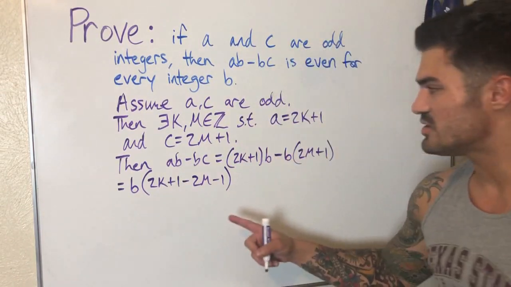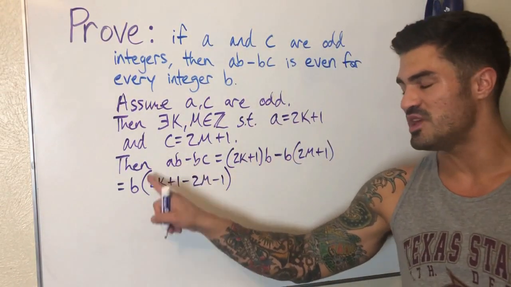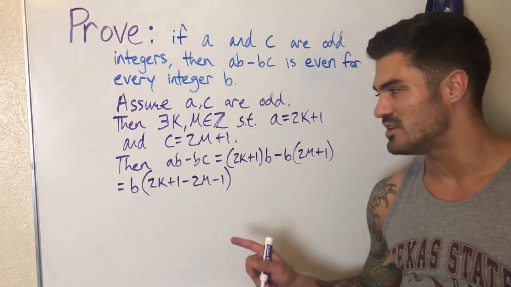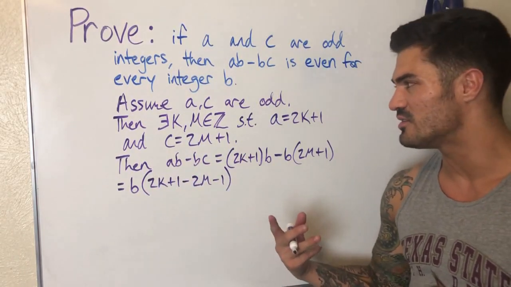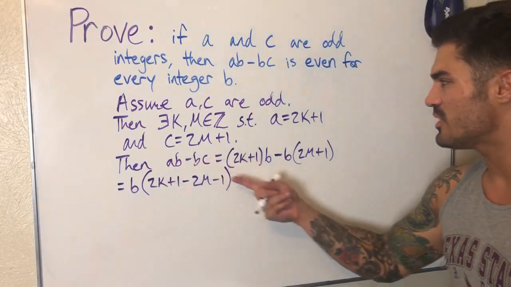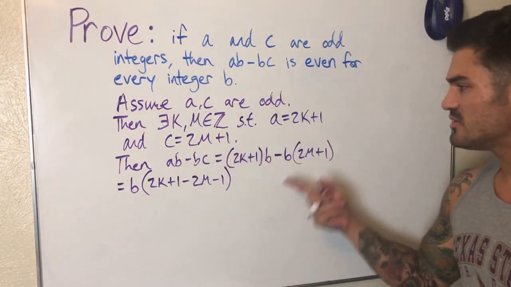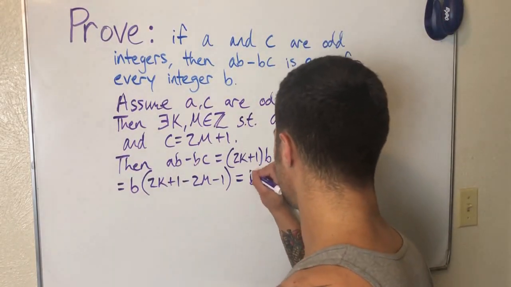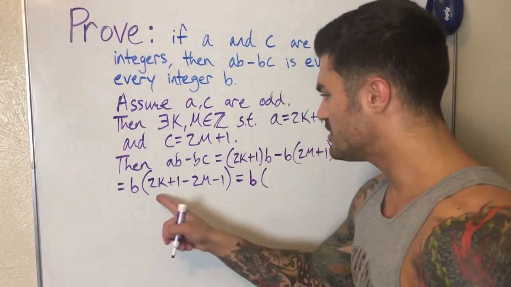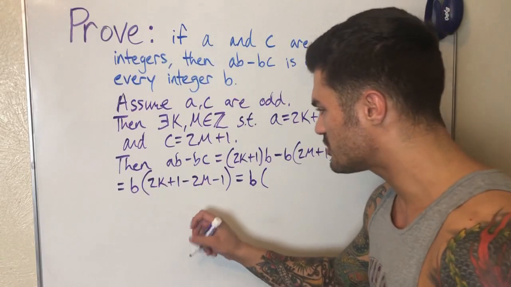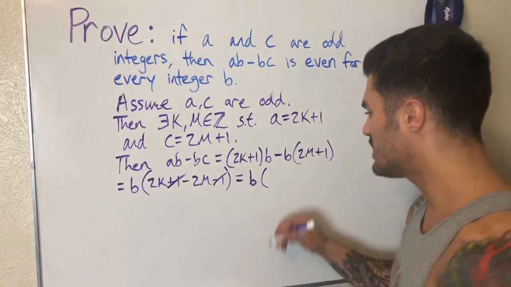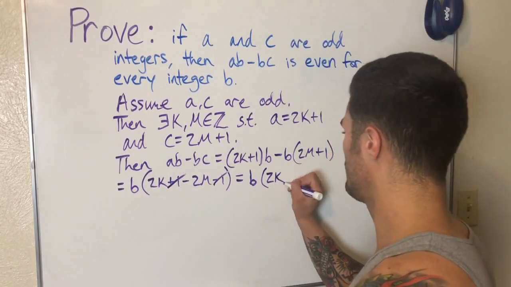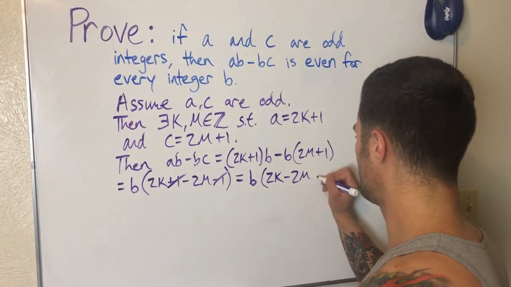And another way to see this is you can factor the b out straight from here. You have b times a minus c. That might even be easier to see, right? b times a minus c. This is a, this is c. You subtract, that's exactly what you get. So this equals b times, definitely the 2k minus 2m. The ones cancel. So I have 2k minus 2m.